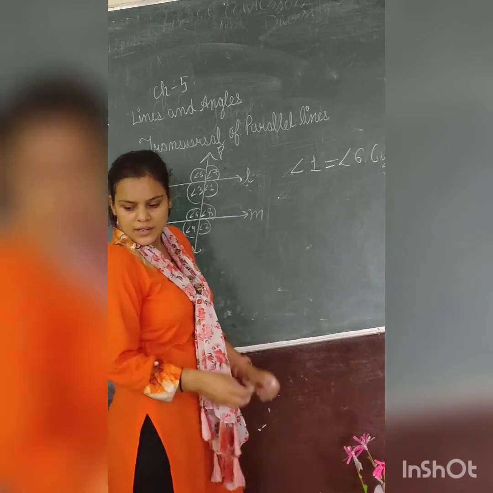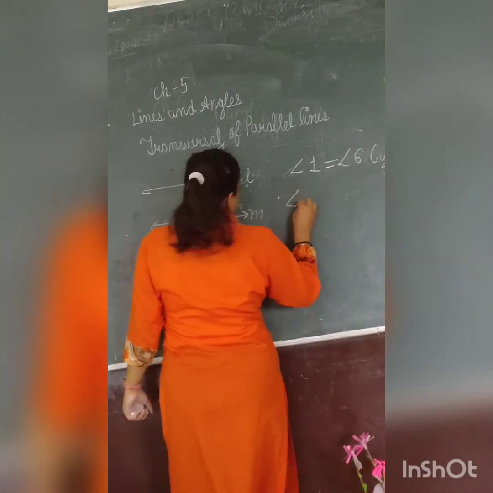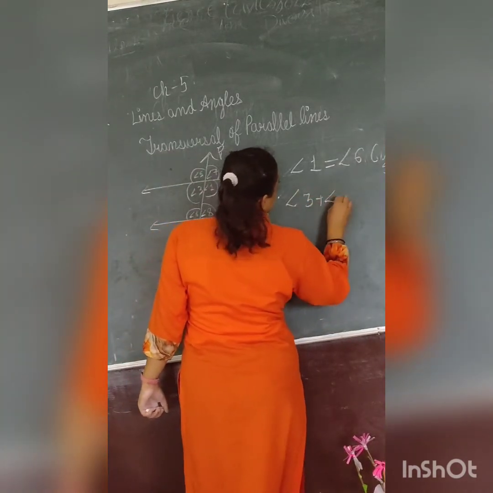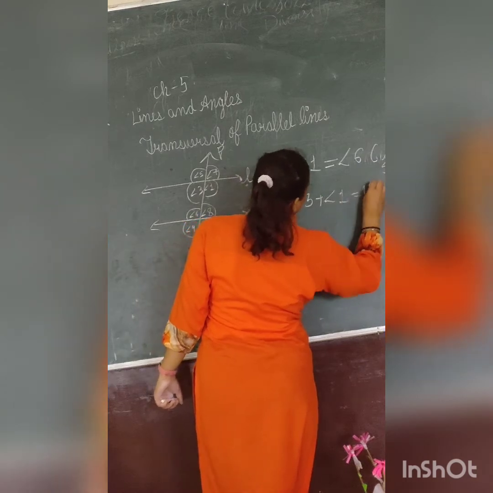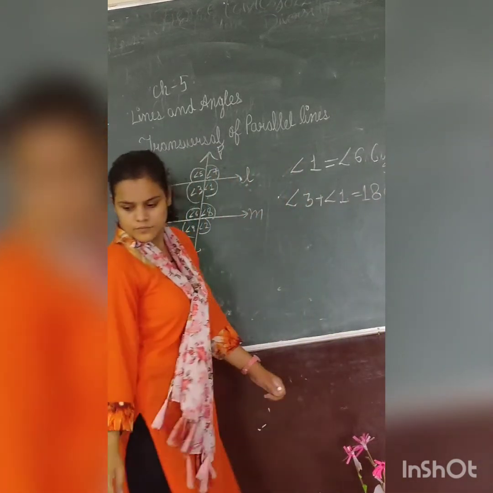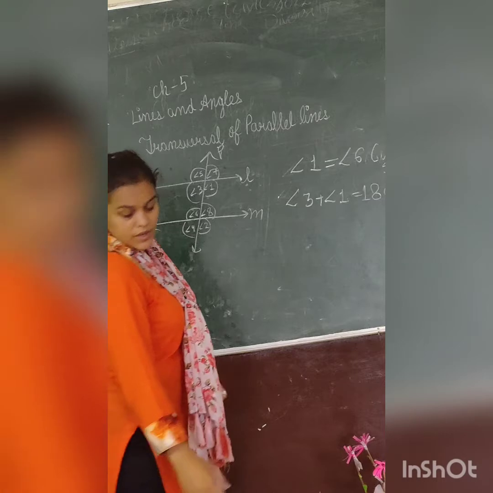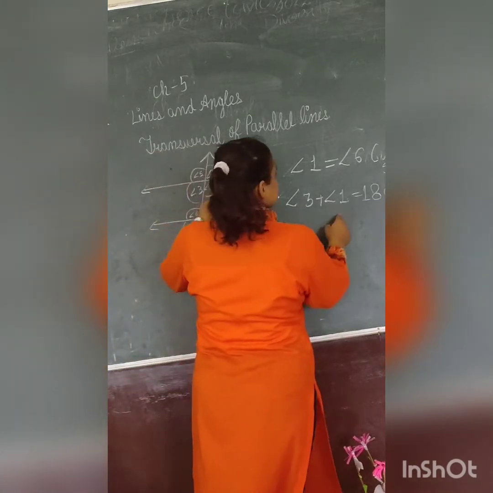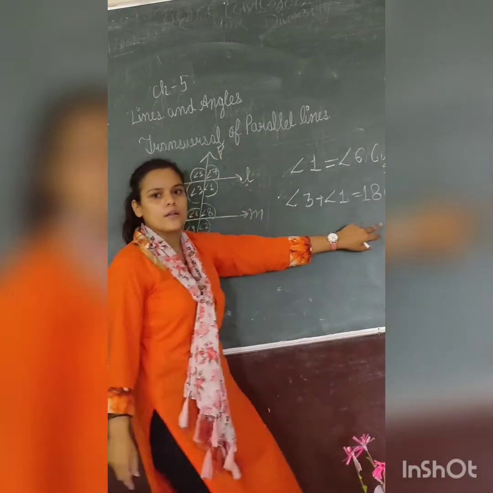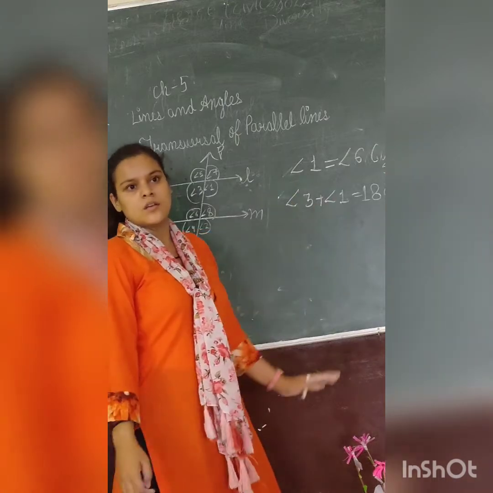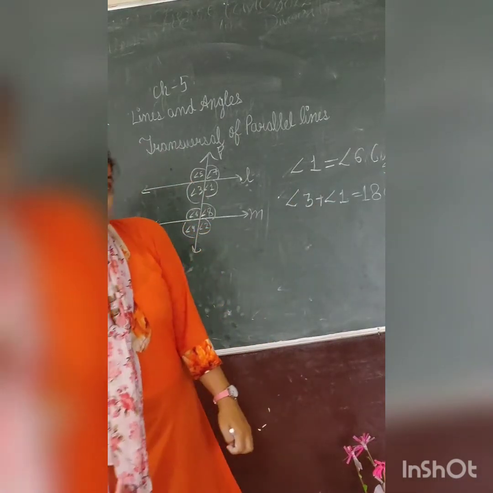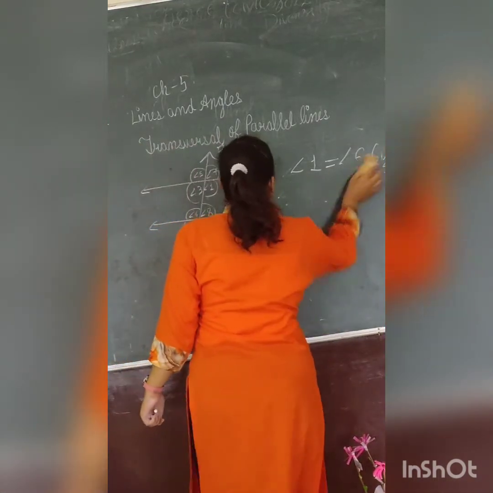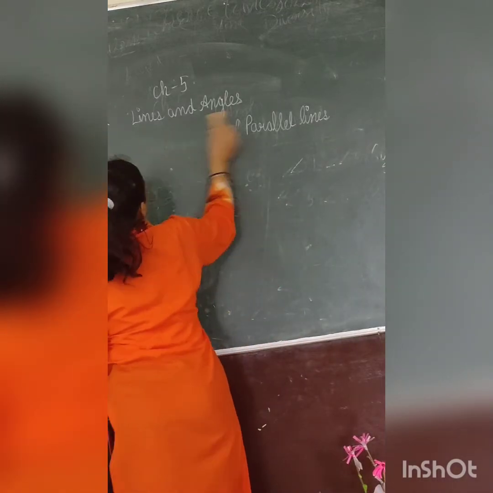It means that angle 3 plus angle 1 is equal to 180. Supplementary. Okay class. This is the property of transversal of parallel lines.